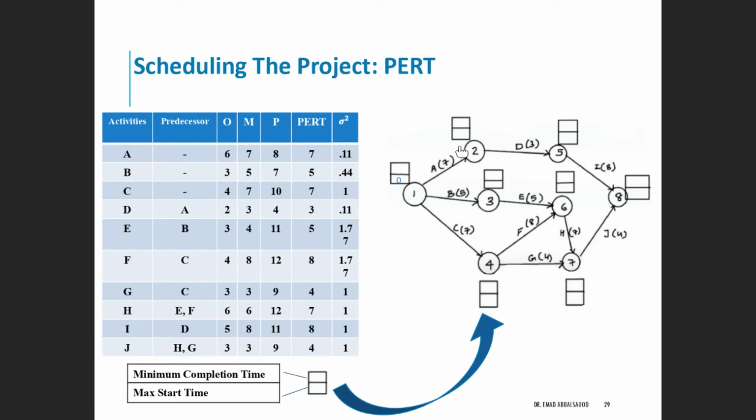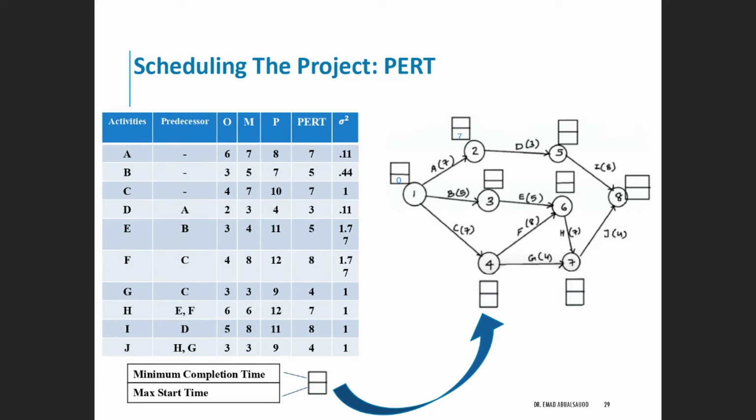So to find the max start time for node 2, you add this value to the max start time for node 1. So 0 plus 7 will be 7. So basically you would write 7 here.